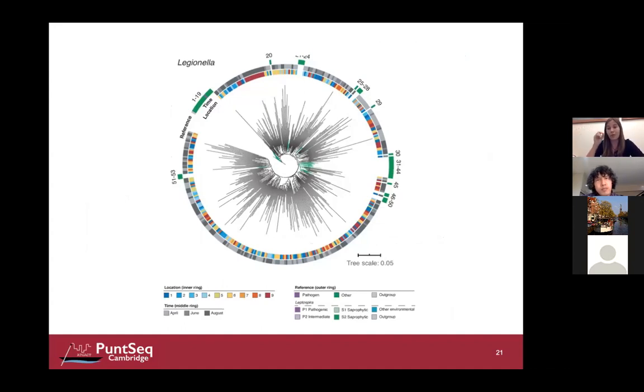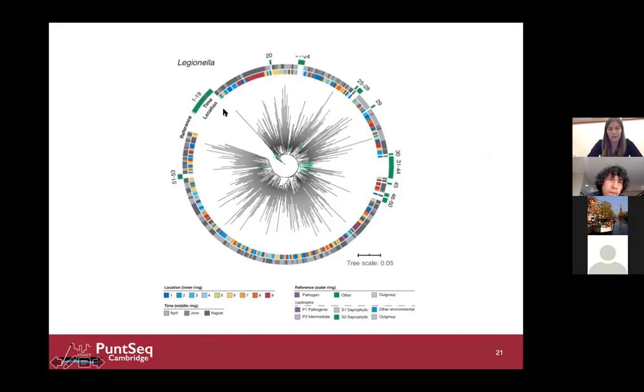These are the ones that are not pathogenic at all and are expected to occur in a normal environment. We then did a multiple sequence alignment with them, built a phylogenetic tree and visualized them like that.